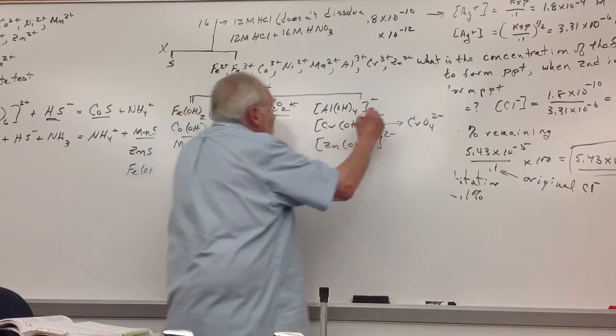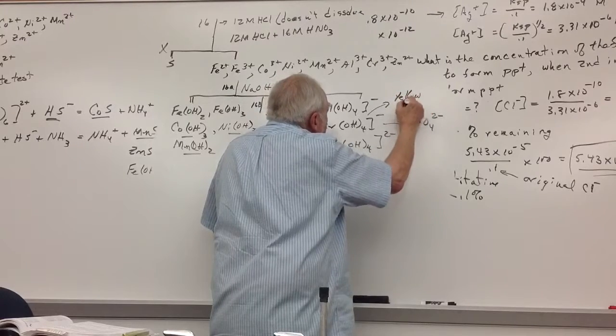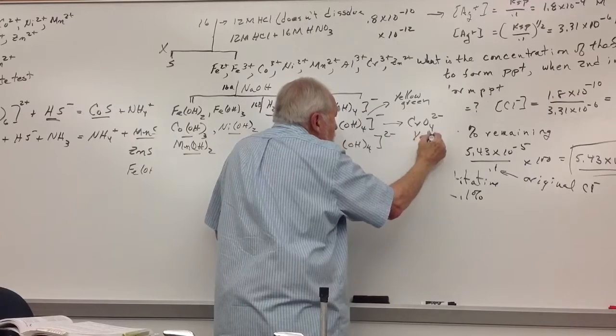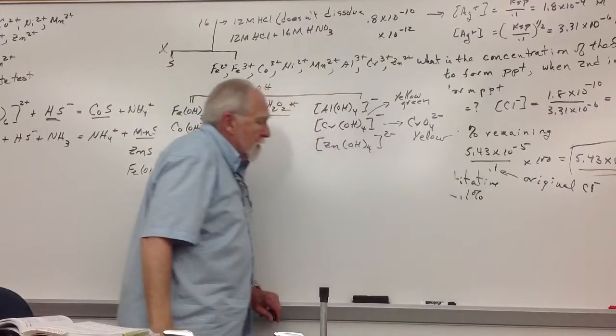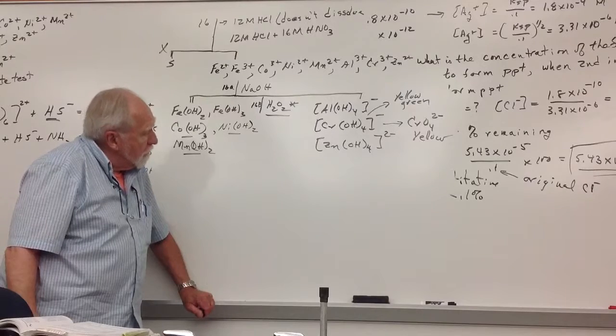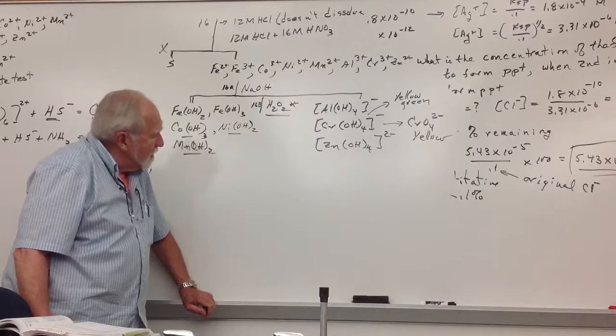This is a yellow-green. This is the yellow color you saw with chromate when you used it as a precipitating reagent. So you're looking for that color change from yellow-green to yellow.